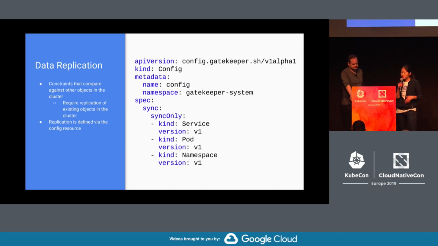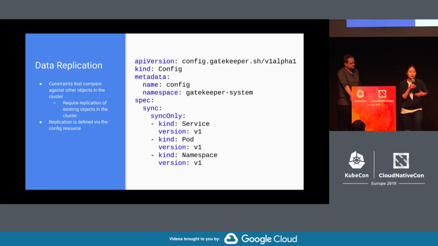As we look at many forms of policies, one of the policies that you could potentially have is comparing information about what you're creating with other resources that are already in the cluster.